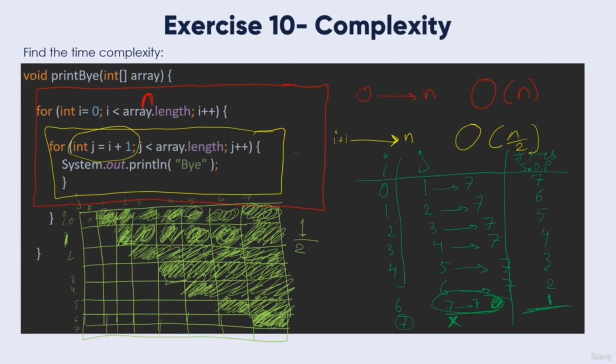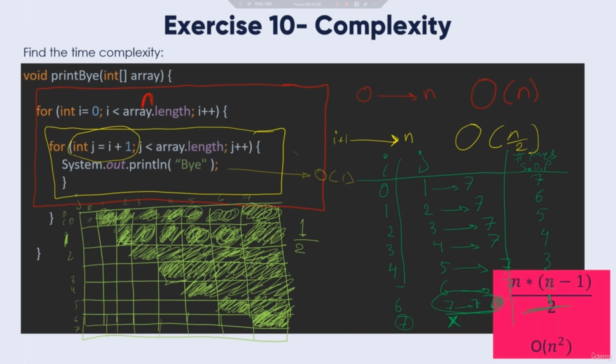But since we have n above, we need to multiply n times n over 2 times O of 1. Therefore, we have that the final complexity is n times (n minus 1) over 2, and O of n squared. Okay?